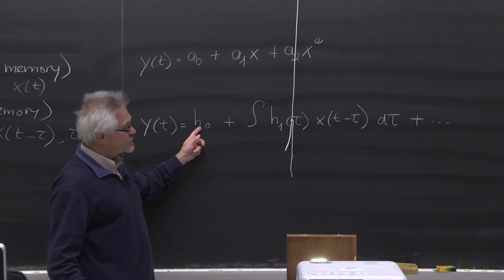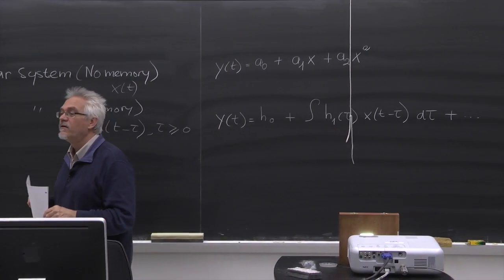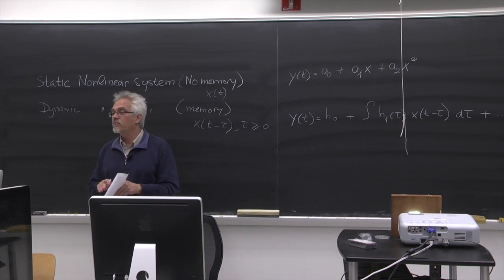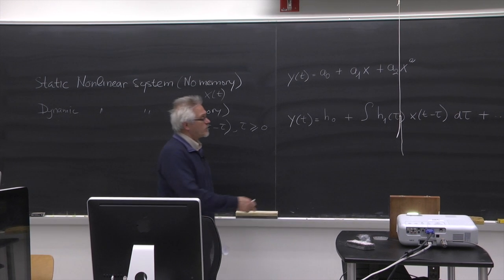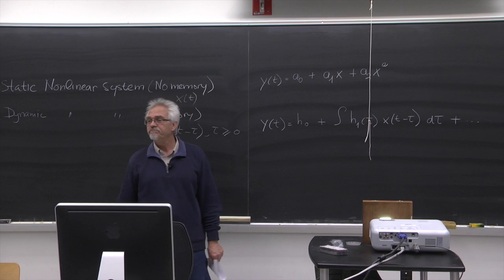So again, this is a constant, and this term is a term you probably find somewhat familiar, isn't it? That's what we would call a convolution. So this is the first order term, just as this thing contains a first order term.